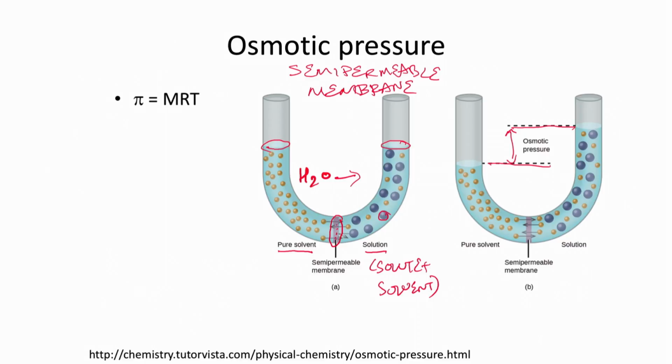This osmotic pressure, pi, is directly proportional to the concentration, how much of it I have. The osmotic pressure, pi, is equal to the molarity, M, times the gas constant, R, times T, temperature. When you use this formula, make sure that your temperature is in Kelvin, absolute temperature.